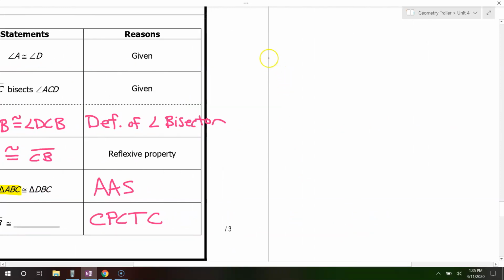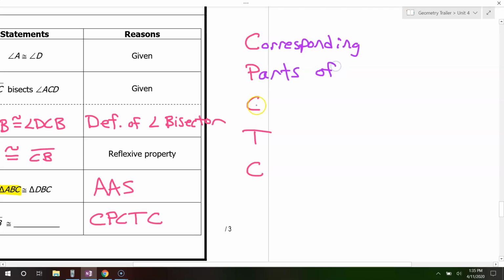Here's what CPCTC stands for. It's an acronym, CPCTC. You need to memorize what this stands for. Corresponding parts of congruent triangles are congruent.